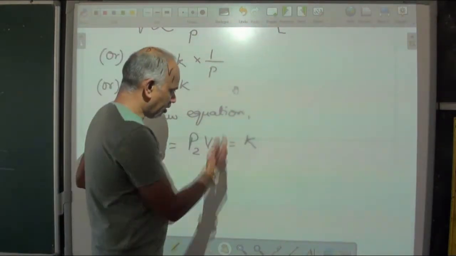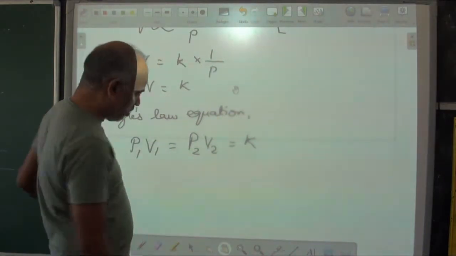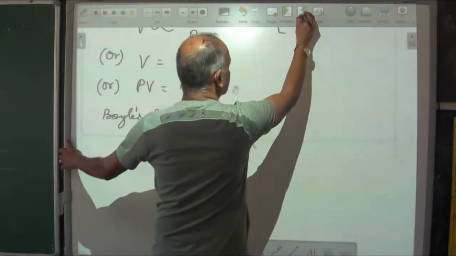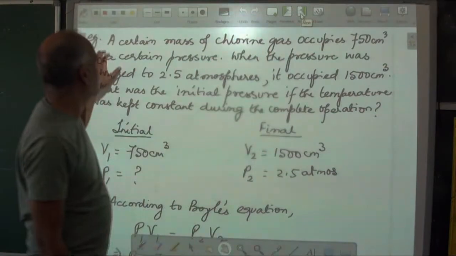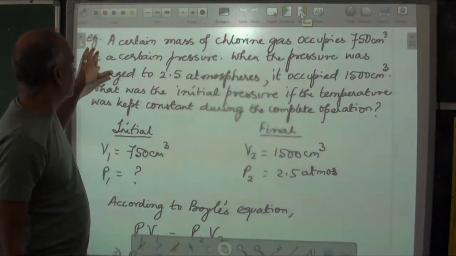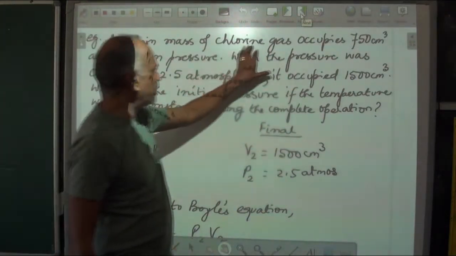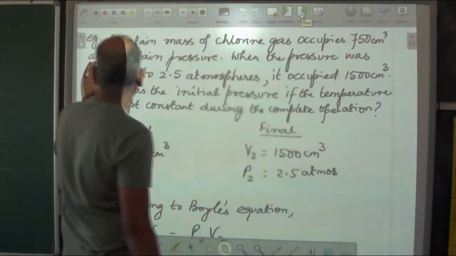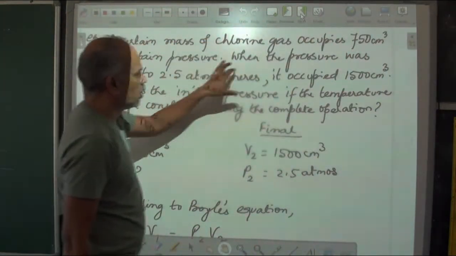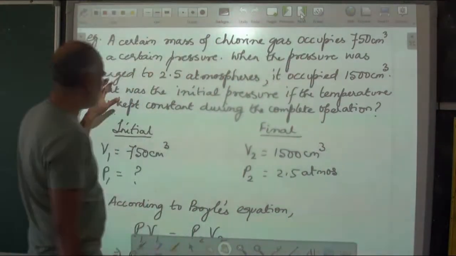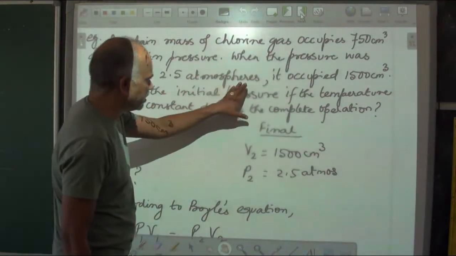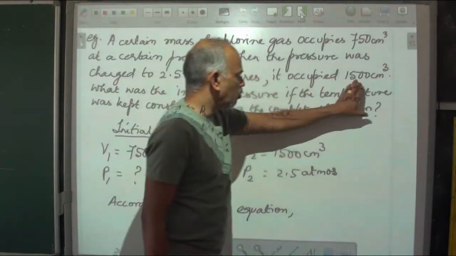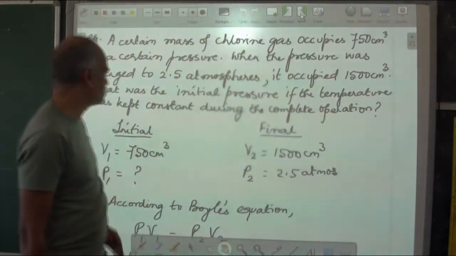Now using this equation, you are going to solve a few questions. I'll give you an example. A certain mass of chlorine gas occupies 750 centimeter cube at a certain pressure. When the pressure was changed to 2.5 atmospheres, it occupied 1500 centimeter cube.